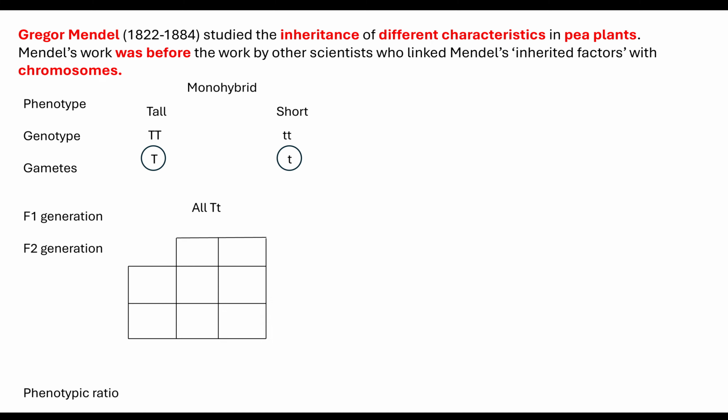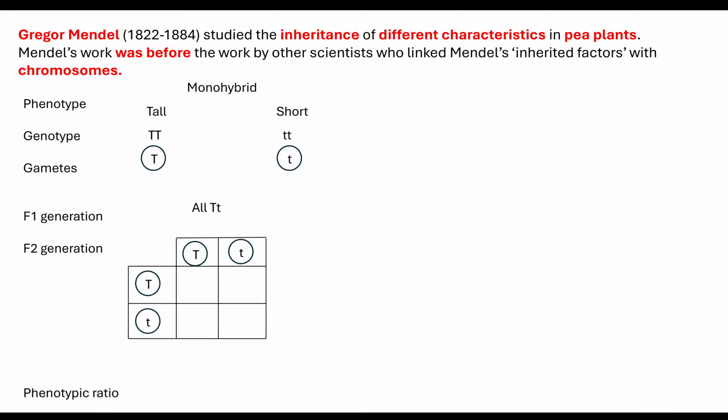What we would see is that they would potentially have two different gametes, a capital T or a lowercase t. When that haploid gamete is produced through meiosis, it would then come together through reproduction and fertilization.